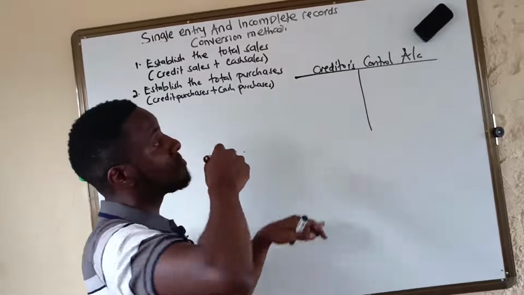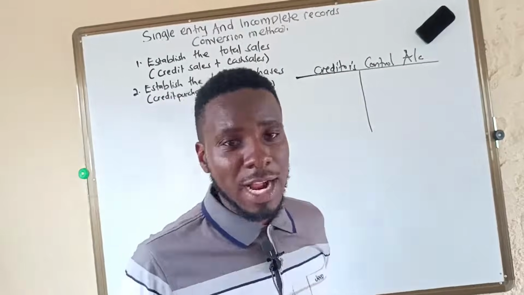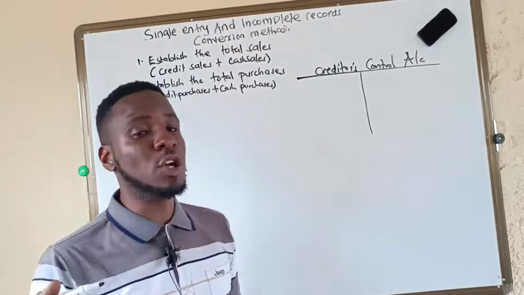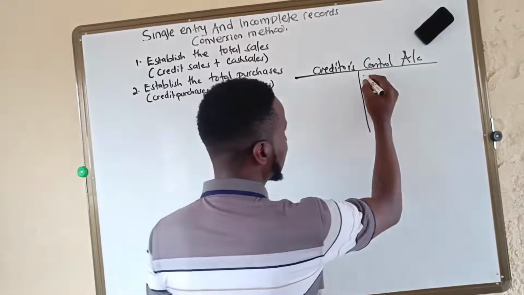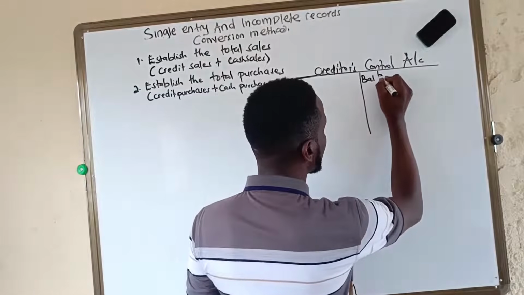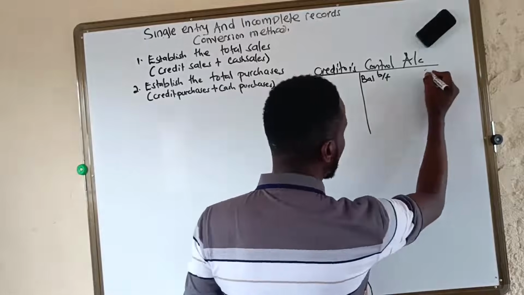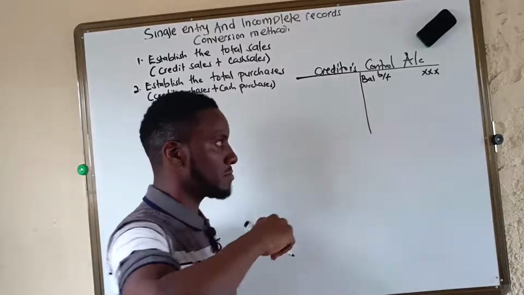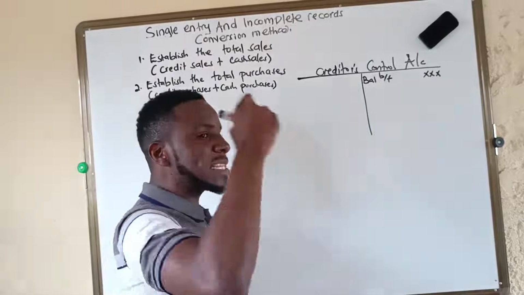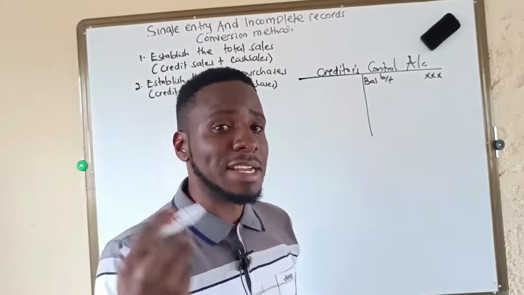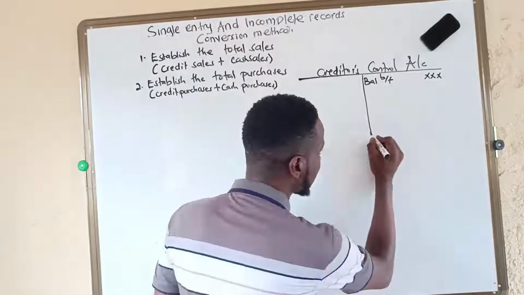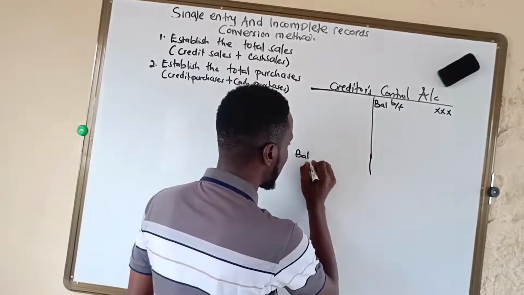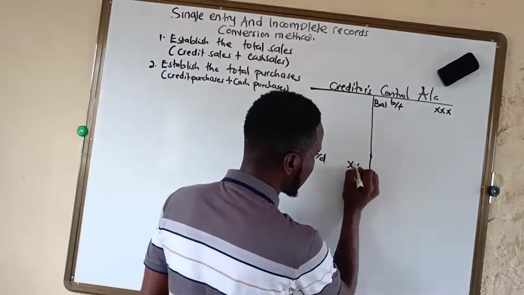As you know, the creditors control account always has a normal credit balance. So we shall come here and say our balance brought forward is on the credit, so we shall indicate it here. Then that automatically means that our balance carried down must be on the debit side of the account. So we come down here and say balance carried down and we indicate it here.